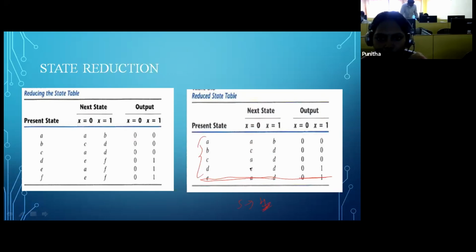Here there is no repetition. Without repetition, how can I cancel a state? How can I make the 5 state into 4 state? It is not possible, right? So with this I'm concluding that I have reduced all the states: from 7 state I have reduced to 5 state.